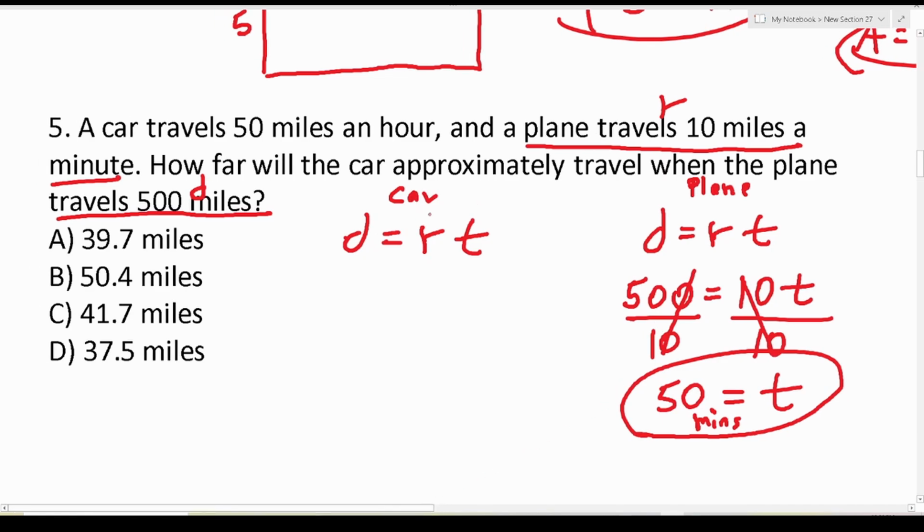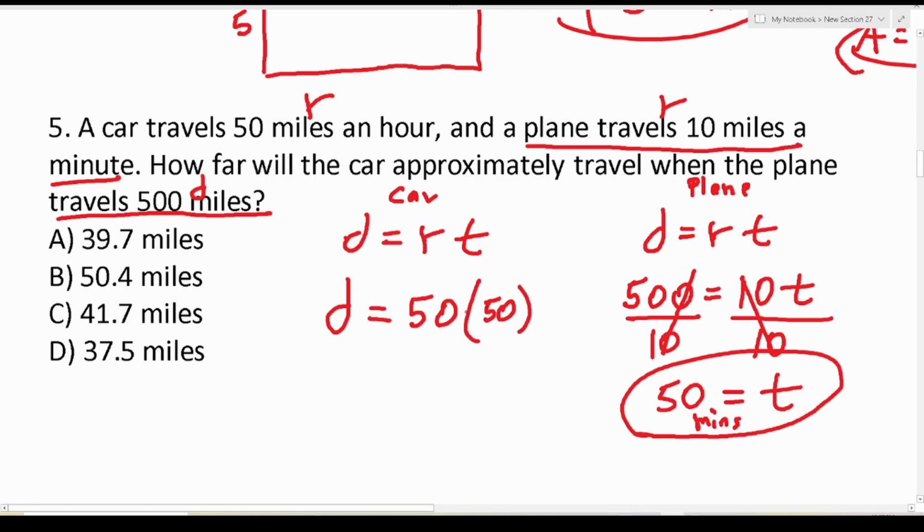So let's use this information to figure out how far this car travels. Again, we're trying to figure out how far the car travels when the plane goes 500 miles. So the distance for this car is what we're trying to figure out. We know the car travels at a rate of 50 miles per hour, and we know that it's traveling for the same time that the plane traveled. Well, the plane over here traveled for 50 minutes, so this is going to be 50 minutes for our time over here.